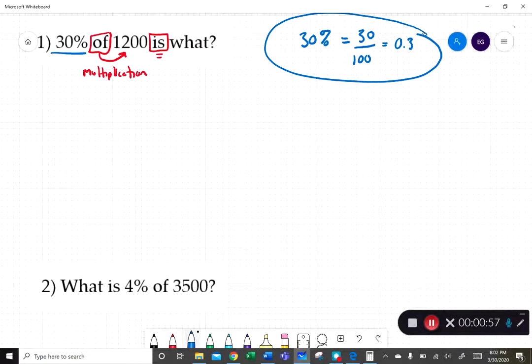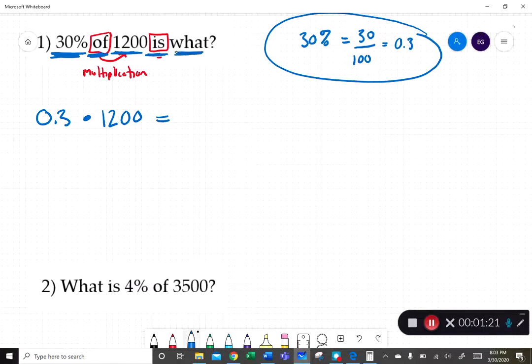And so if you put that into the calculator, 30 divided by 100, you get 0.3. So the 30%, that's 0.3, of, that's multiplication, 1200. Well, 1200 is already a number, so that's fine. 1200, that's our equal sign.